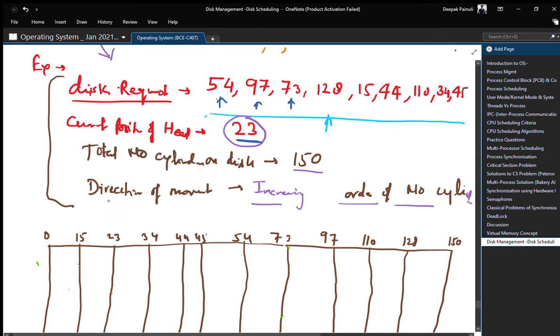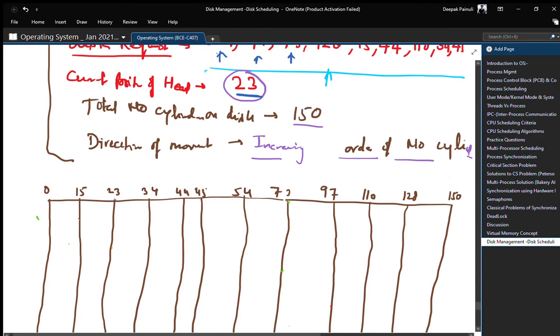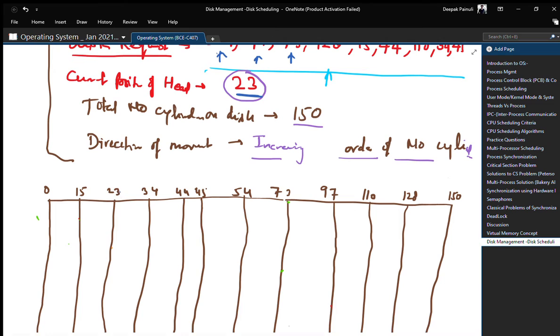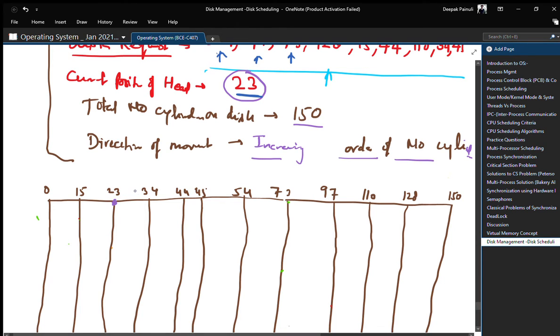Currently our head is at 23 and it will move to increasing number of cylinders. That means it will move in this direction, which is the forward direction, because the direction of movement has been given as increasing number of cylinders.